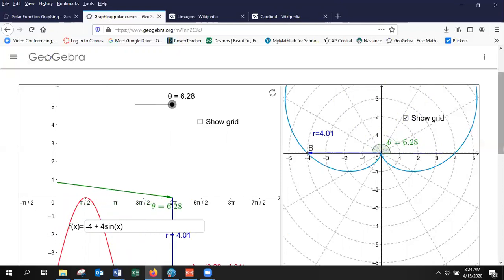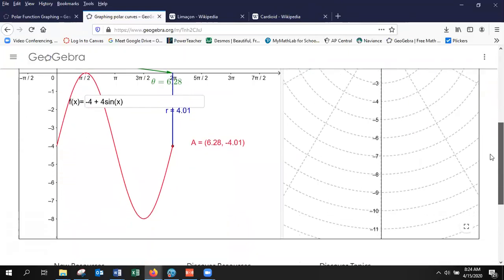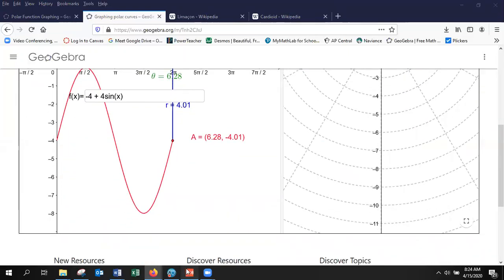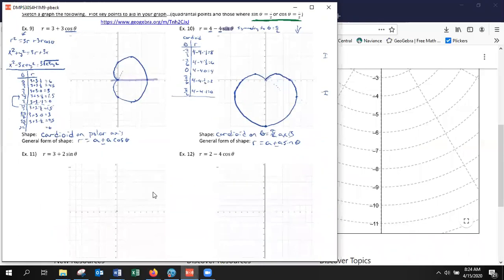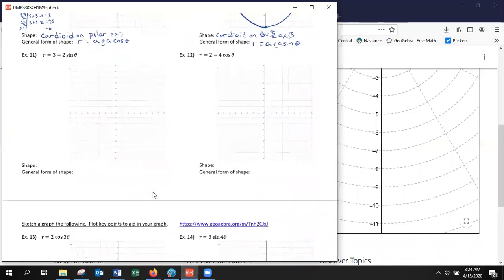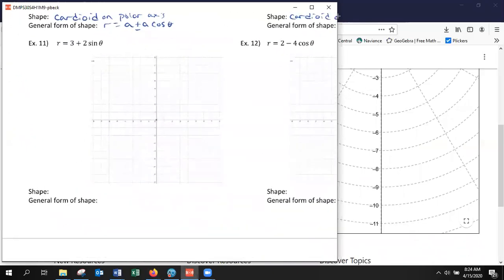So let's go back to our notes. If we have r equals 3 plus 2 sine theta, if we notice A and B are no longer the same. What we typically call these A and B, these numbers are not the same. So one of the explorations that you guys looked at in Desmos is what happens when these are not the same.